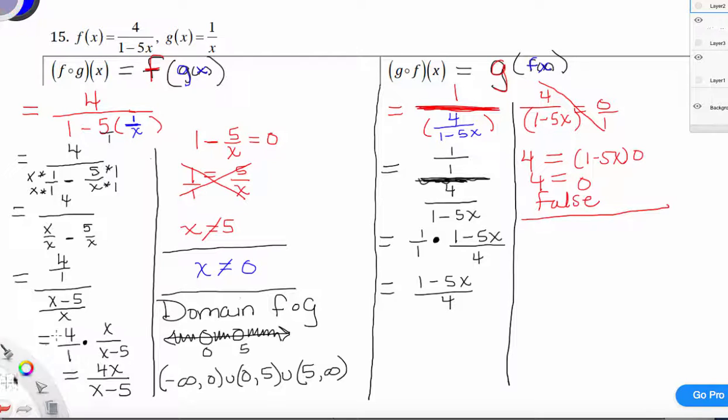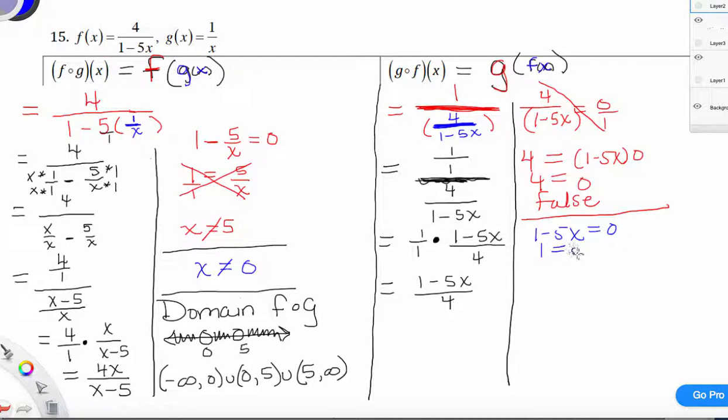So now I have to go and figure out any domain restrictions on my inner function, and I do have a fraction bar on my inner function, and I need to make sure I figure out what makes that denominator on my inner function equal to 0. So my inner function's denominator is 1 minus 5x. I'm going to set that equal to 0.